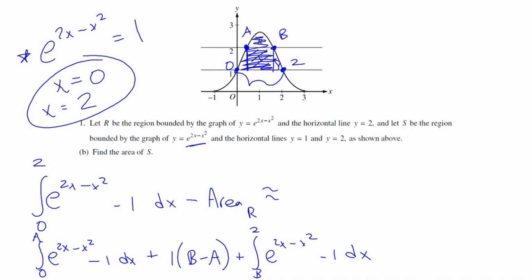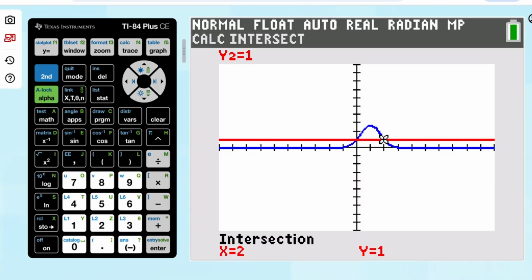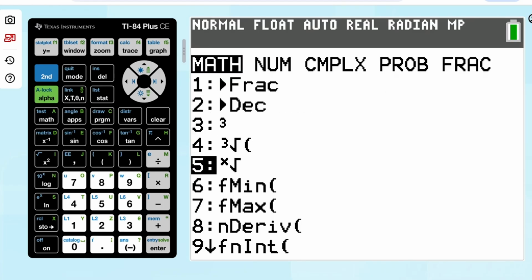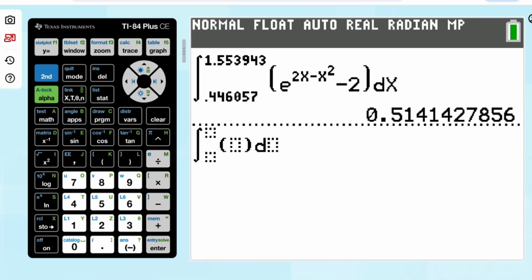I'm just going to evaluate it on the first one there. So if we go back to our graphing calculator and we do math option number 9, we've got our limit of 0 and our second limit of 2, and now inside of here we've got e to the 2x minus x squared minus 1 dx, and then we have to subtract that first area that we found.